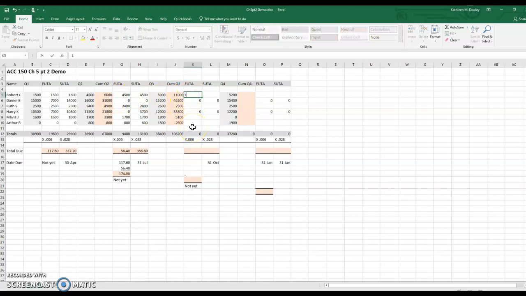So he only had 1,000 to go on FUTA. So out of his 5,000, 1,000 is taxable for FUTA and the other 4,000 is not. He's now reached the maximum for FUTA. I can stick a 0 in for the 4th quarter. For SUTA, the 11,000 is still below the maximum, so all of his 5,000 from this quarter is taxable.